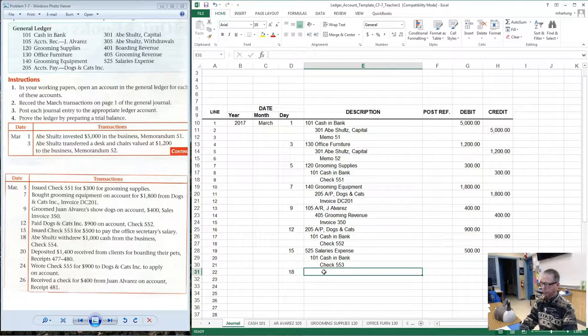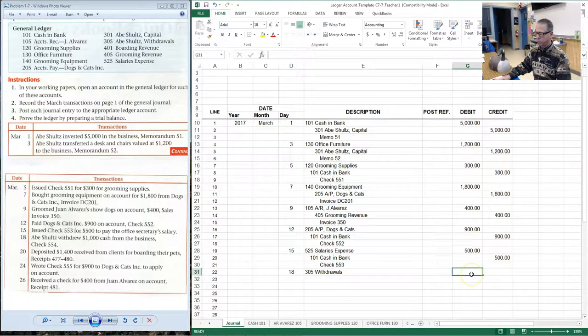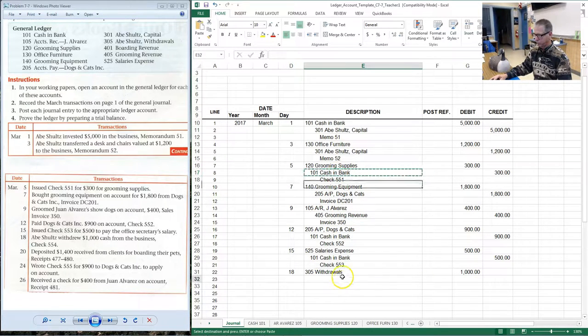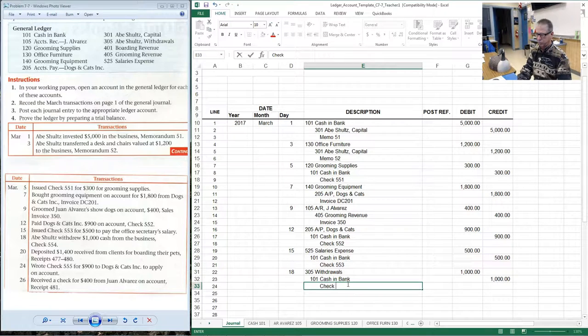So, account number 305, withdrawals, $1,000. Credit to cash. Check number 554.